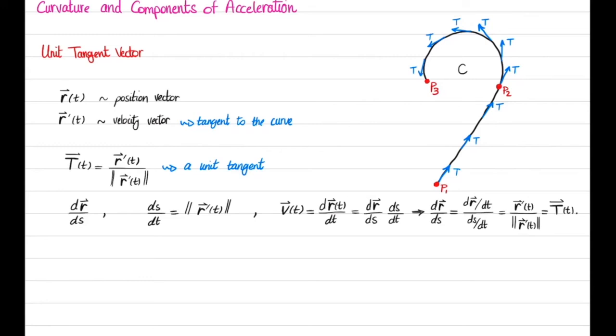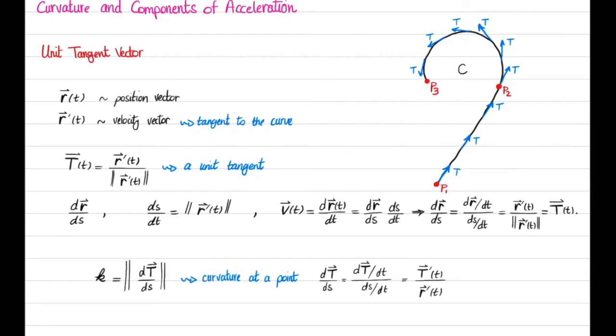So the curvature of C at a point will be defined as the magnitude of this fraction. Now we can use the chain rule and write this fraction, which will be equal to this one. So then the curvature can be expressed in terms of a general parameter t.